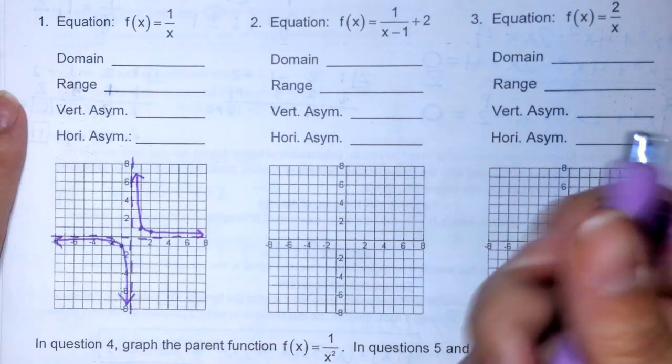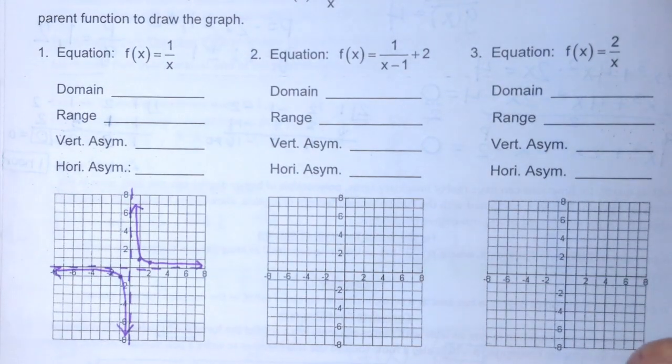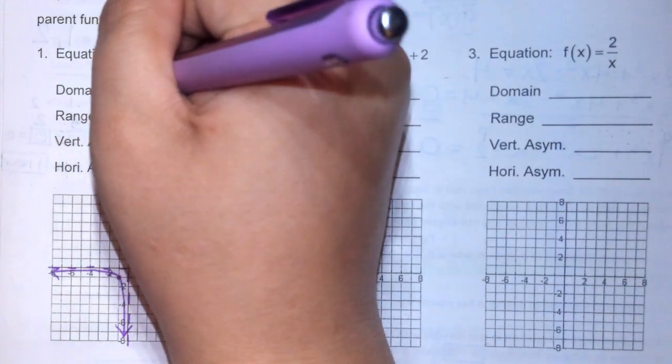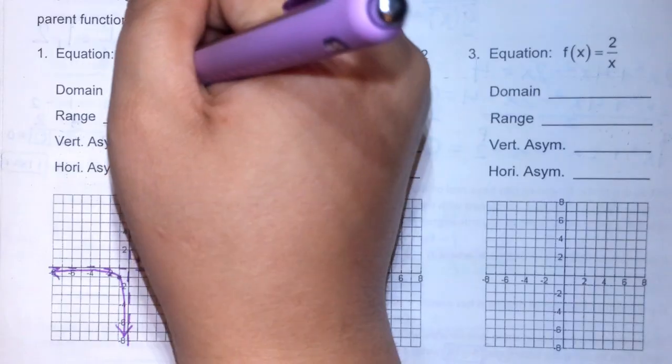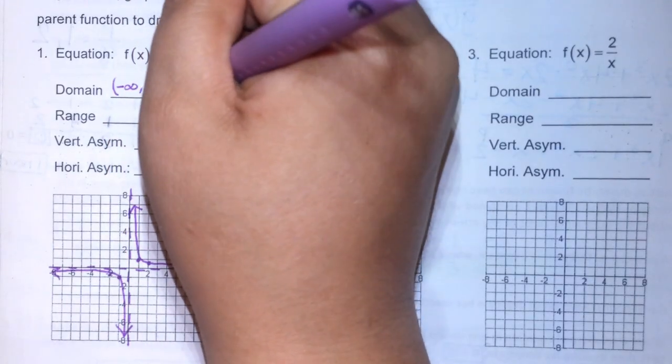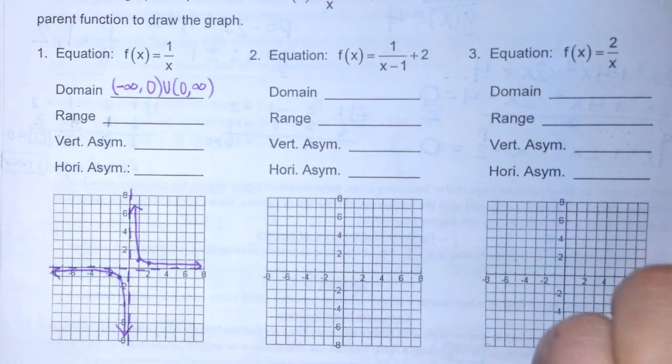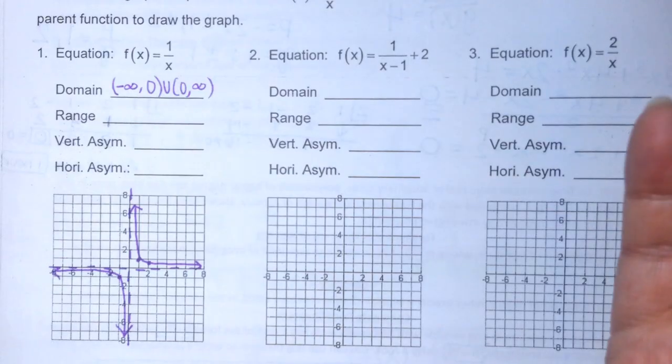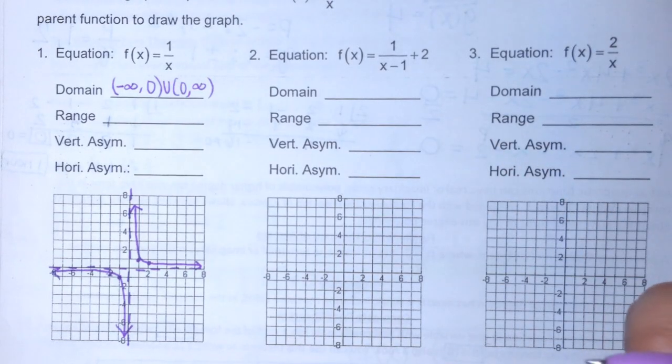Okay? What is my domain here? So you could either say negative infinity to 0, union with 0 to infinity, or x such that x does not equal 0. Either one works for me. What's the range?